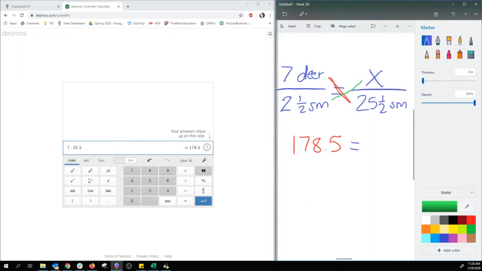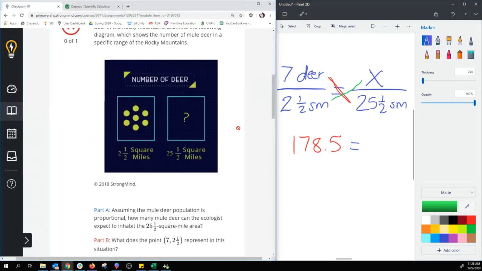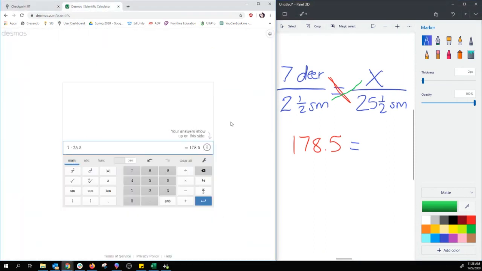So what would x times 2.5 look like when I write that out? Remember, I'm multiplying diagonally, so I'm doing this x times 2.5. So how would I write that as multiplication next to each other?